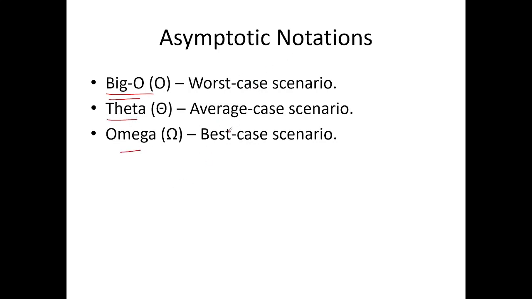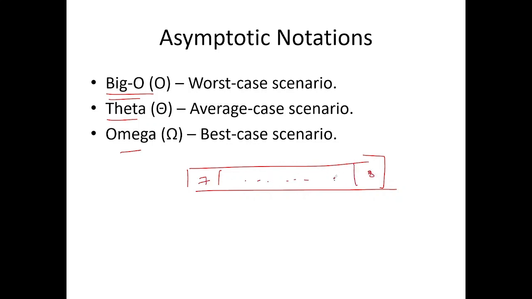Now let me tell you what the worst case and the best case scenario are in simple words. If you consider an array, we have the first element as 7 and the last element as 8, and there are some elements in between. If you want to search 7, you will get it in only the first comparison. Okay, if you want to search 8, you will have to do so many comparisons. That's why it will take much time.